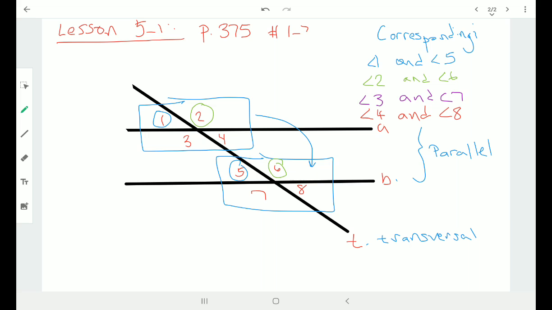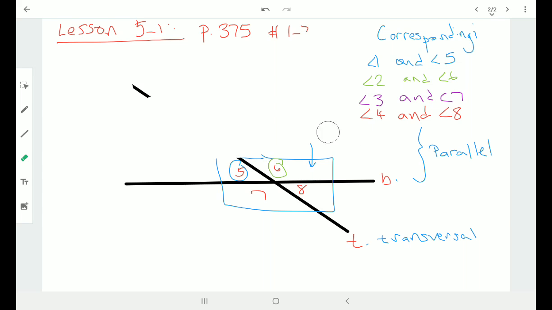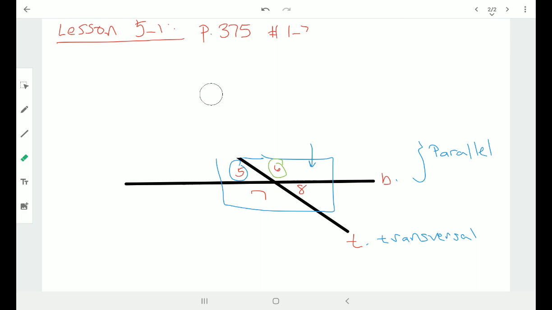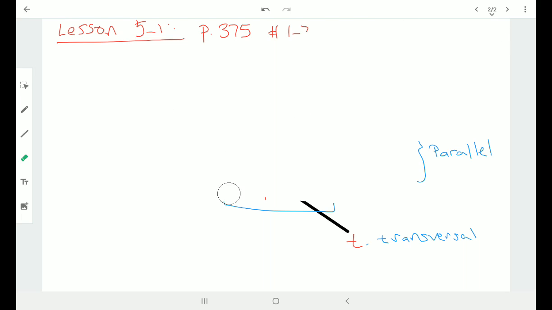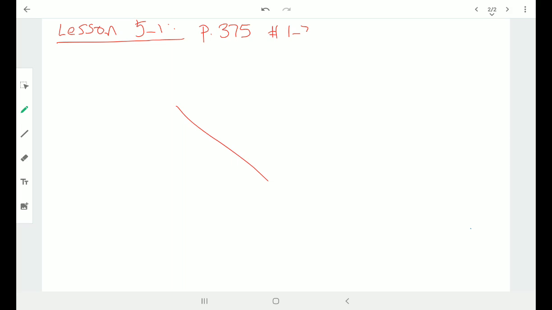Okay, continuing on that, we also have, and this will not be in the assignment today, but you still need to know it. We have what we call vertical angles. Okay, vertical angles are any time that you see an X in some way, shape, or form, right? Something like this, right?